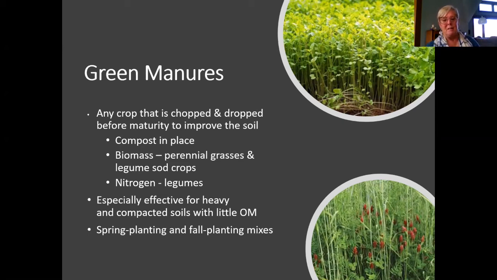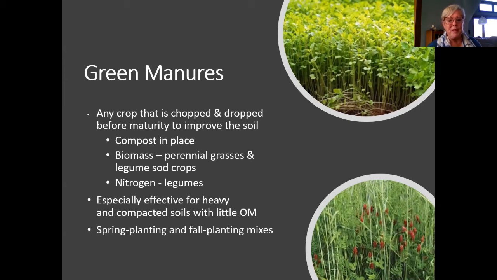In particular, if you are using legumes for a green manure, it will help provide more nitrogen if you need that nitrogen boost. So letting clovers and that kind of thing grow, whether or not you let them go to seed, can be very beneficial.